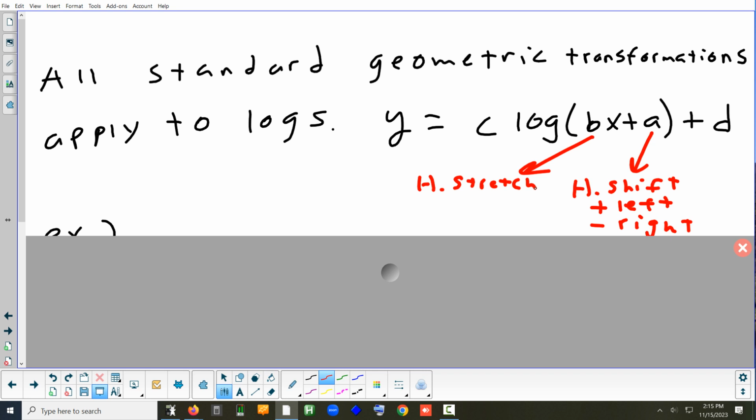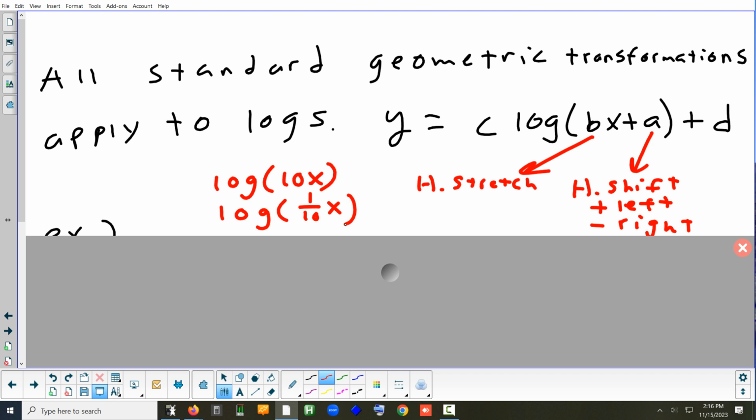So if you did log of 10x, you might think, ooh, 10's a big number, it's going to make it bigger. No, that's actually going to compress it 10 times as much. Versus if you wanted to stretch it 10 times as much, you would do this. A small number stretches it bigger. A big number compresses it smaller. So it's backwards.